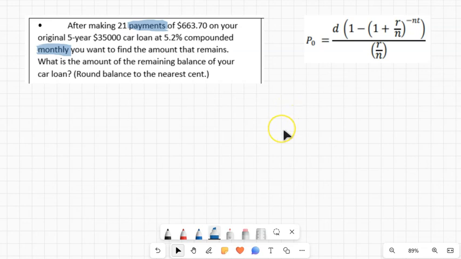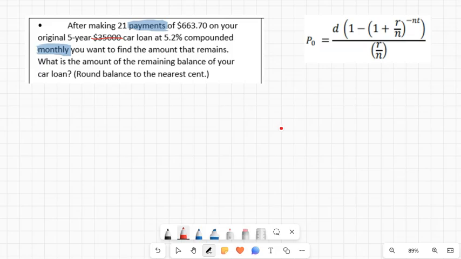Now, this is an interesting value, $35,000. That's how much we originally borrowed from the bank. But we've already made some payments, so $35,000 is no longer how much we owe the bank. In fact, the $35,000 is not going to be used at all.